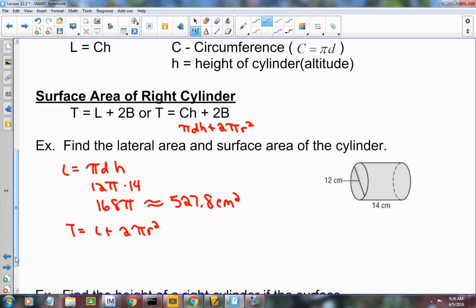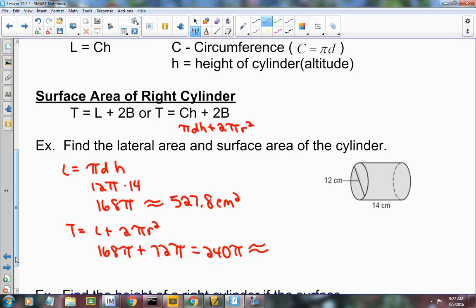So my lateral is 168 pi, and then what's my radius? 6. So if I plug that in here, 6 squared is 36 times 2, which is 72 pi. So we have 168 plus 72 is 240 pi. That would be my exact answer.